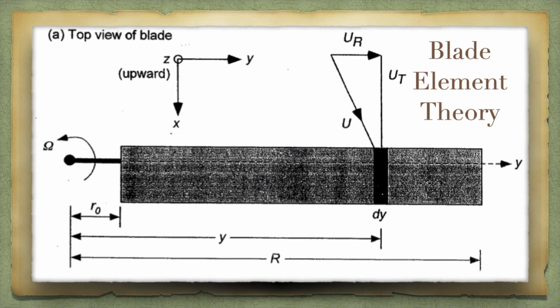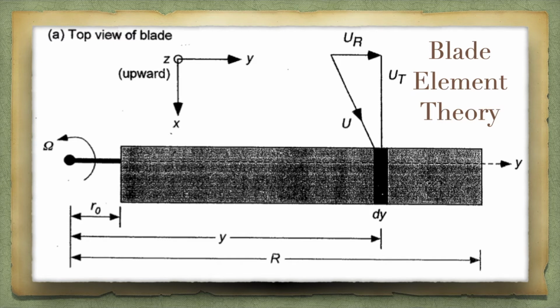This sketch shows the flow environment and aerodynamic forces at a representative blade element on the rotor. Your blade element is dy. The aerodynamic forces are assumed to arise only from the velocity and angle of attack normal to the leading edge of the blade section.